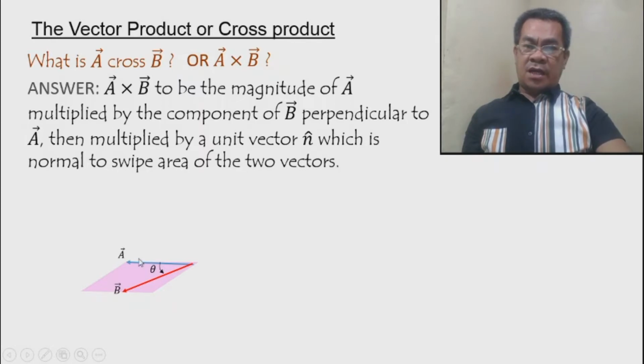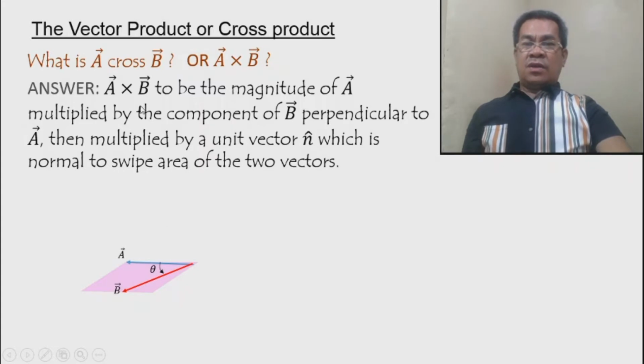So if we take A cross B, this swipe area will rotate. It will rotate with respect to the point of intersection between the two vectors. This will be fixed, while this one will be rotating.